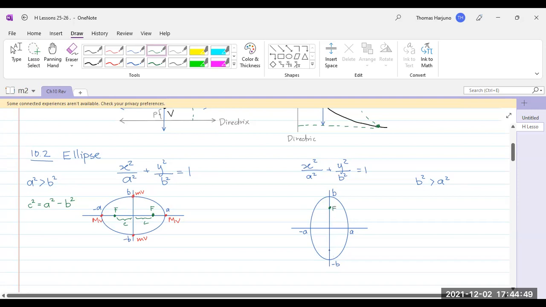The foci are here. The distance from the center of the ellipse to the foci is C, where C squared is the greater denominator minus the smaller denominator.